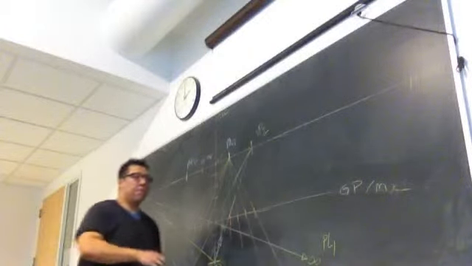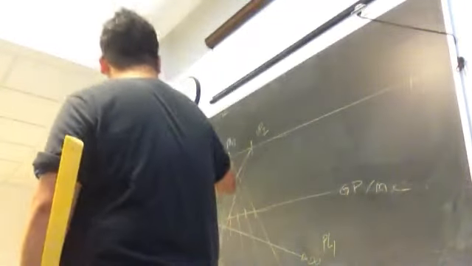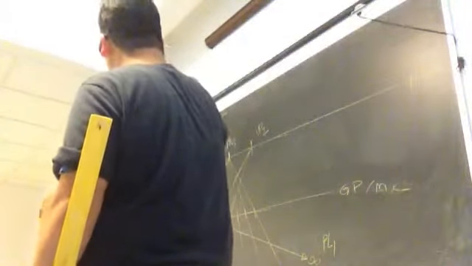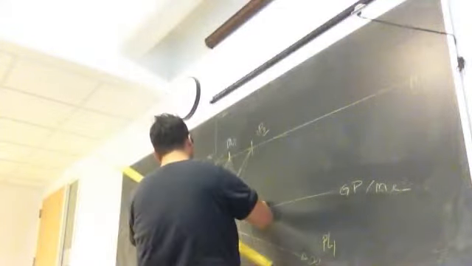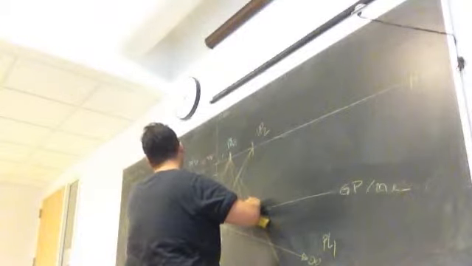Now I'm going to do the same for the other side. So I'm going to carry the units of measure, utilizing measuring point 2, onto pipeline 2. So tick marks, this is pipeline 2 right here, measuring point 2.